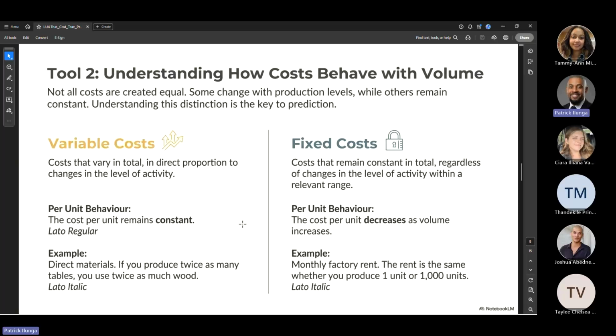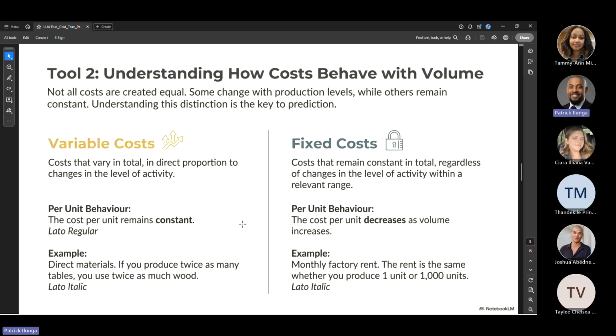If we produce 10,000, it's going to cost 10,000 rand. What do you notice? It goes up, it varies with the production. But if the production goes down, it also goes down. So we understand. That's the meaning of variable cost.